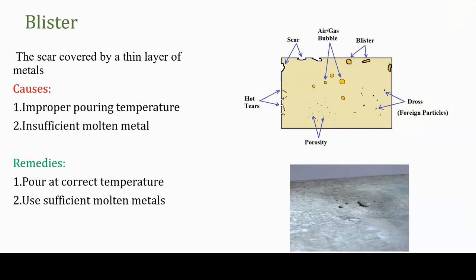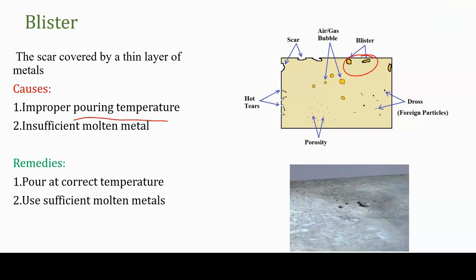And blister is also a type of blowhole porosity kind of defect. So this is a scar covered by a thin layer of metal. You can see this is the blister. This usually happens due to improper pouring temperature. You can see there are a lot of defects which happen due to improper pouring temperature, so you have to know that there should be a proper temperature before pouring the molten material, right?